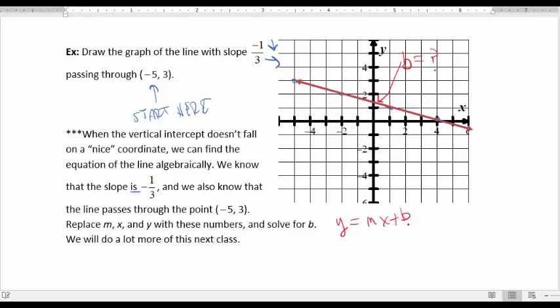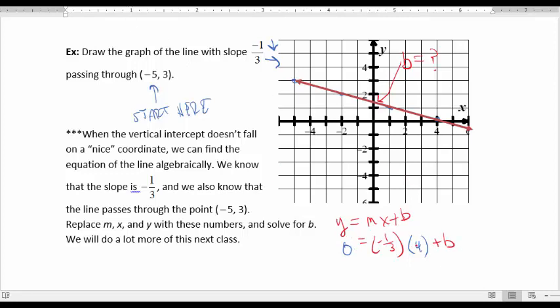We're trying to find b, but we know the slope is -1/3, so we replace m with -1/3. Now we can use any of these four points we have to plug in for x and y. So let's say we use 4, 0, that x-intercept. Plug in 4 for x, 0 for y, and now just solve for b.